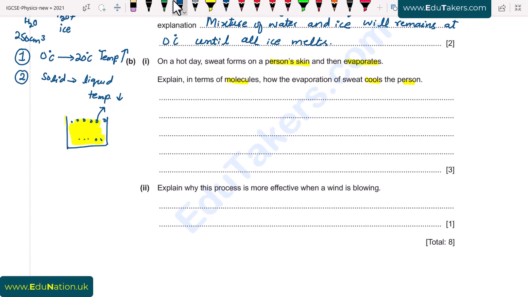The molecules at the bottom have low energy. They do not escape from the surface. So there will be cooling. I write here, in evaporation, first point is that more energetic molecules escape from the surface of the liquid.